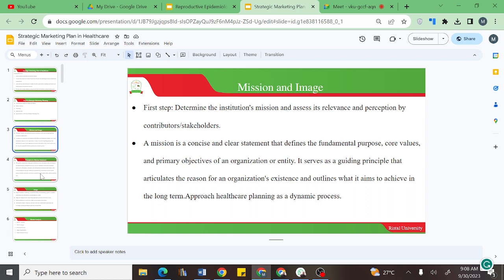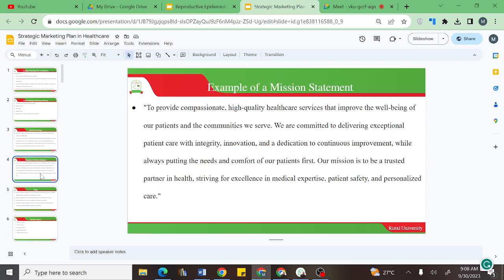If you have an organization, for example, that has a mission statement like this one: to provide compassionate, high quality healthcare services that improve the well-being of our patients and the communities we serve. We are committed to delivering exceptional patient care with integrity, innovation, and a dedication to continuous improvement, while always putting the needs and the comfort of our patients first.